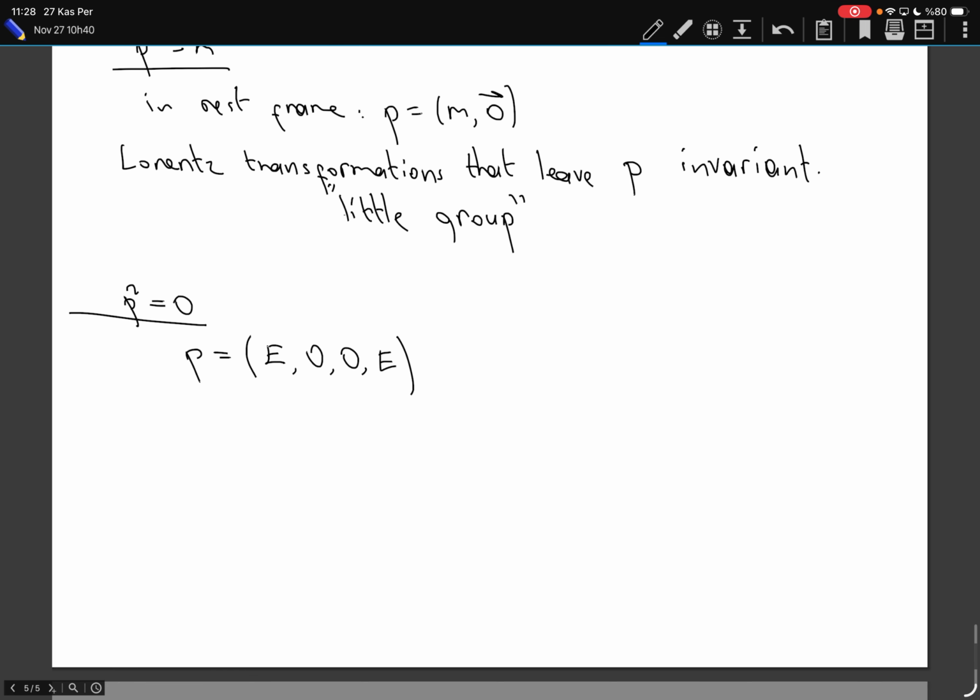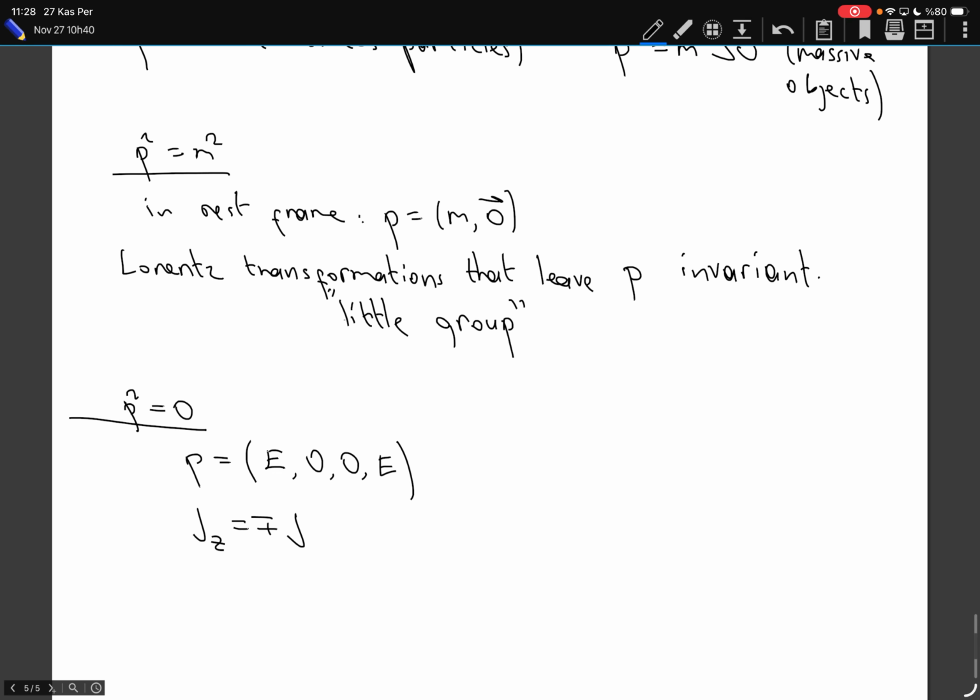I'm not going into too much detail because, to be honest, I don't understand every detail, but the only change is Jz. The spin in the z component can only take 2 values, plus or minus J. It only has 2 polarizations. In the massive case, Jz can take values plus or minus J, plus or minus J minus 1, etc., down to 0.